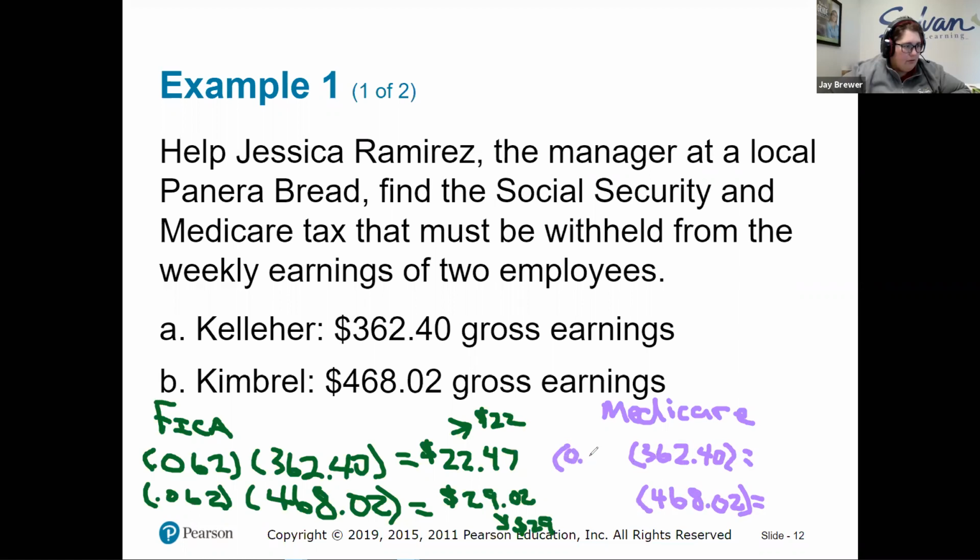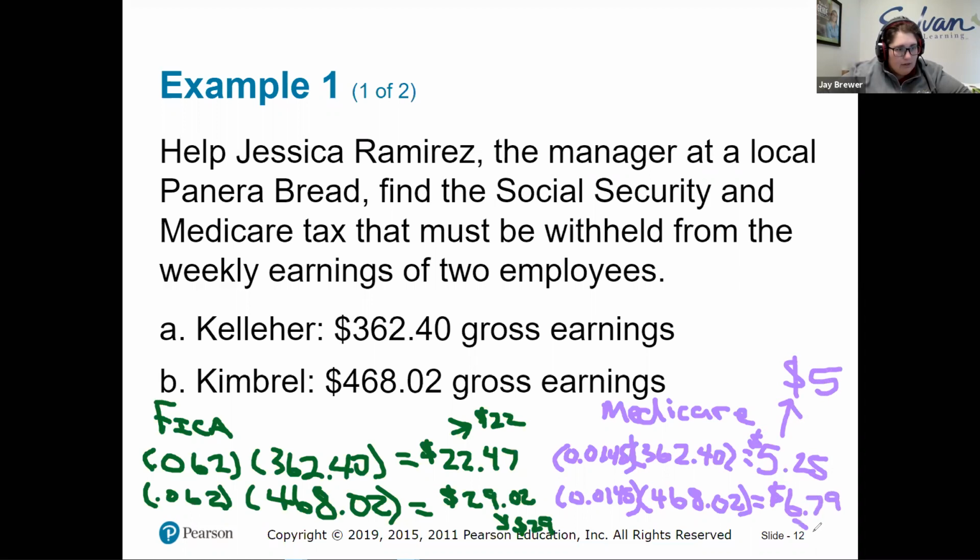So 0.0145. And we end up with 5.25, which would just be on the W-2 $5, and the other one is going to be $6.79, which that one would actually round up to $7 on the W-2.